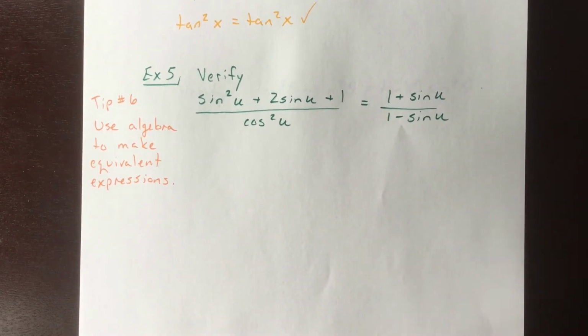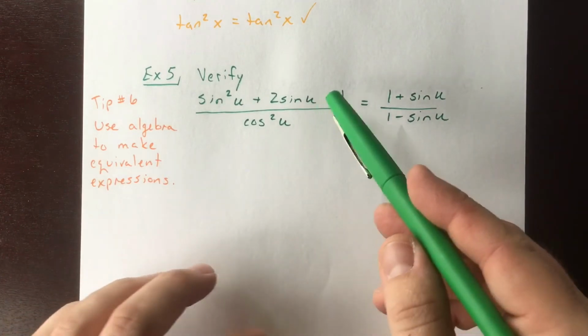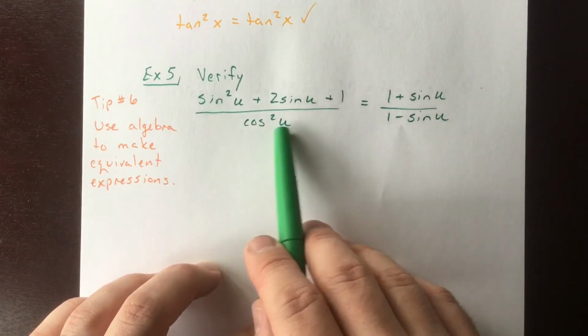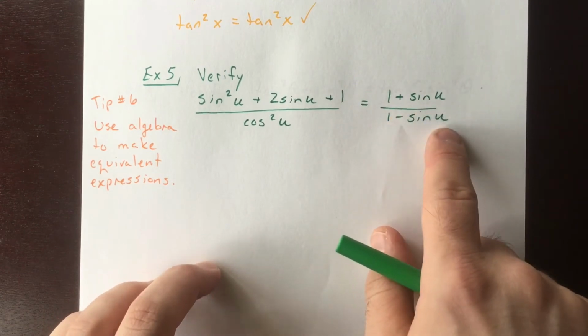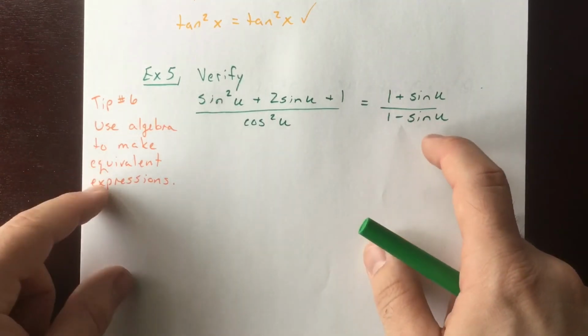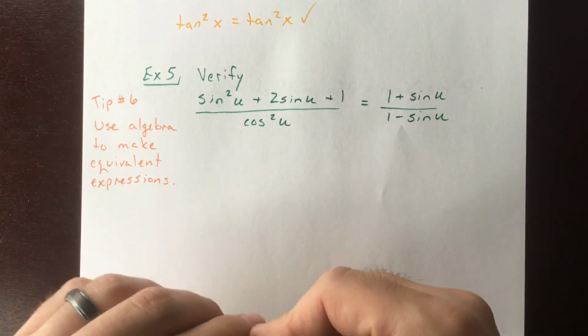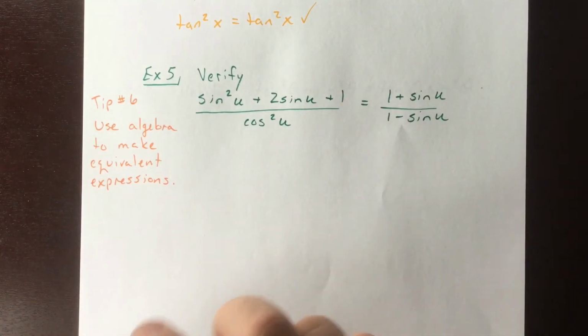So this one's a little more chunky, I guess you could say. Verify that sine squared of u plus 2 sine u plus 1 divided by cosine squared of u is equal to 1 plus sine of u over 1 minus sine of u. So hot tip number 6, use algebra to make equivalent expressions. So again, this is having good algebra skills.